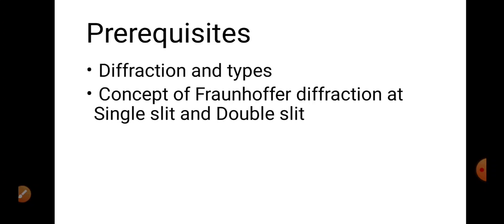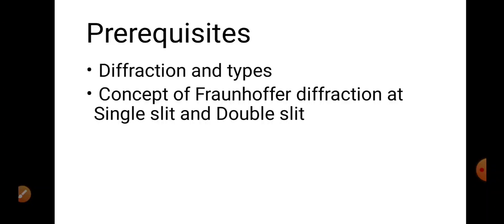One more definition: the encroachment of light in sharp apertures is called diffraction. And there are basically two types. The first one is Fresnel diffraction, the second one is Fraunhofer diffraction.